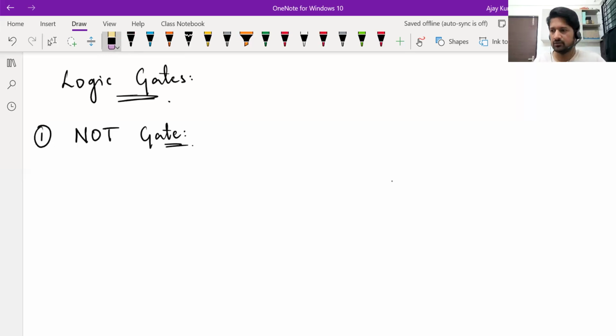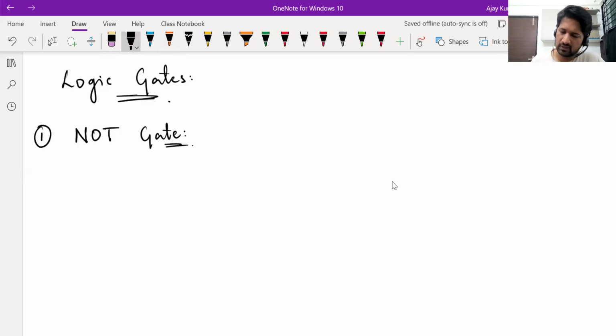Now in digital circuits, basically the circuits or chips that you find in mobile phones, computers, television sets, TV remotes, these are all digital circuits only. In digital circuits, the signals are given in the form of zeros and ones, binary signals. 0 indicates low voltage, 1 indicates high voltage.